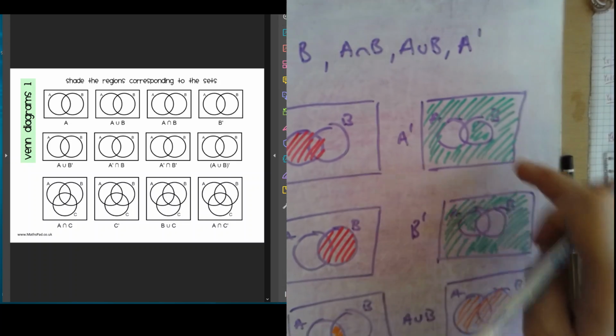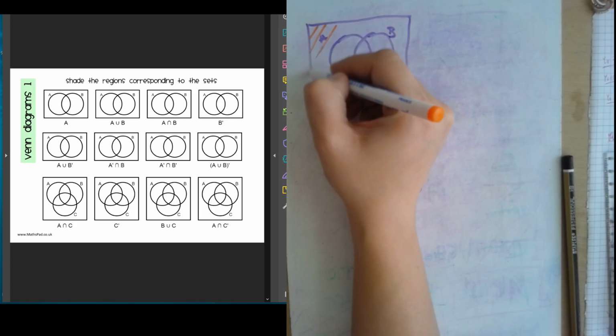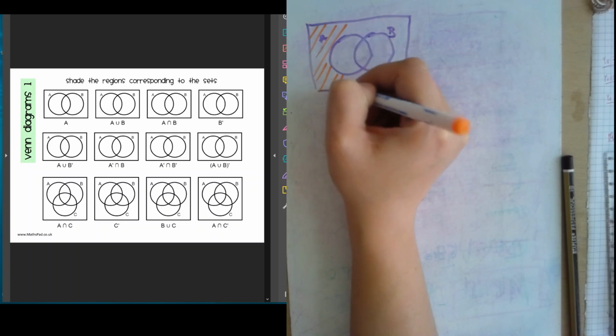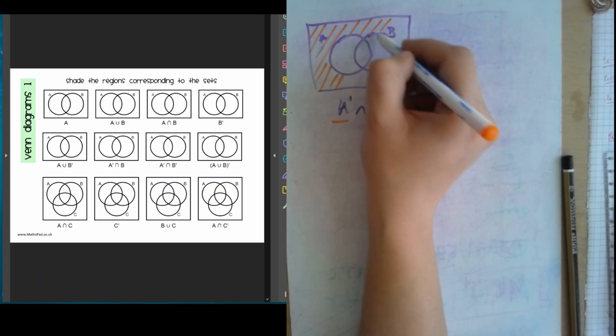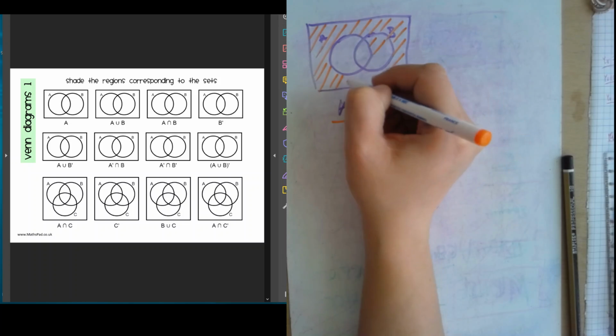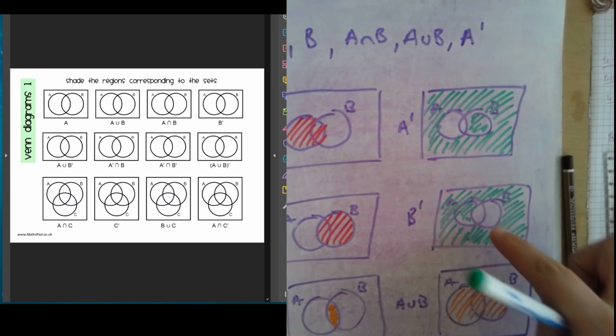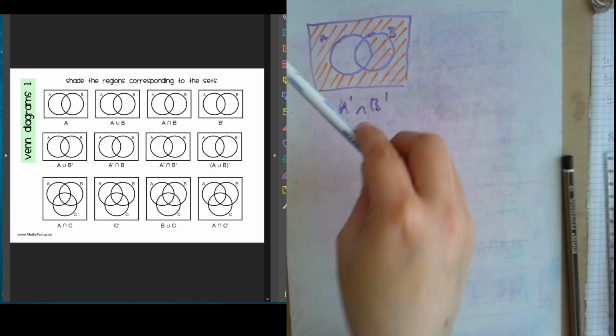So where's my not A? There's my not A. Okay, let's highlight that. And I'm going to draw all the lines in this direction. Okay. And then we also want not B, which is this one, which I'm going to colour in with that direction.